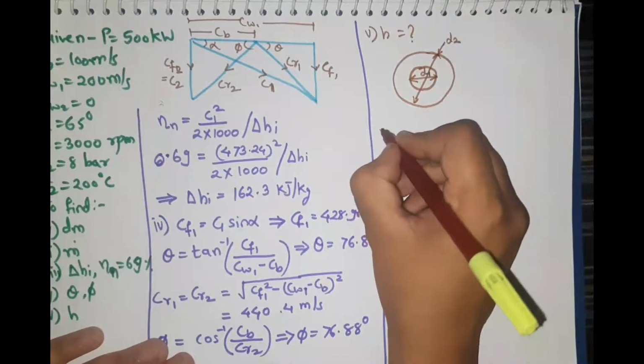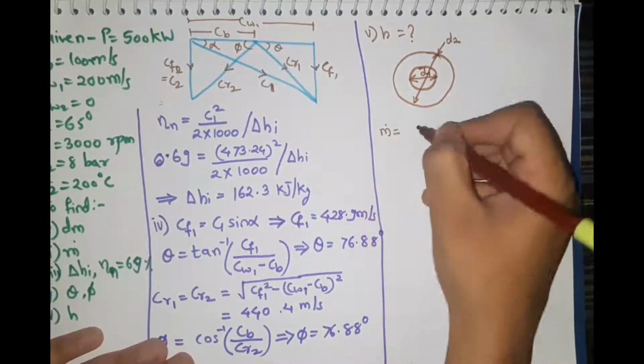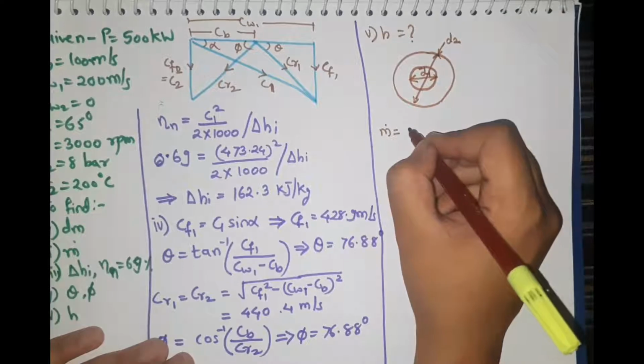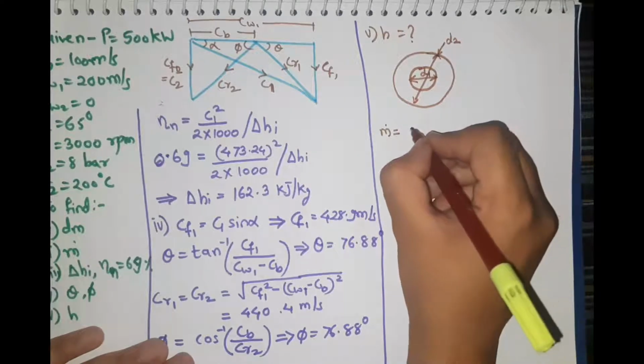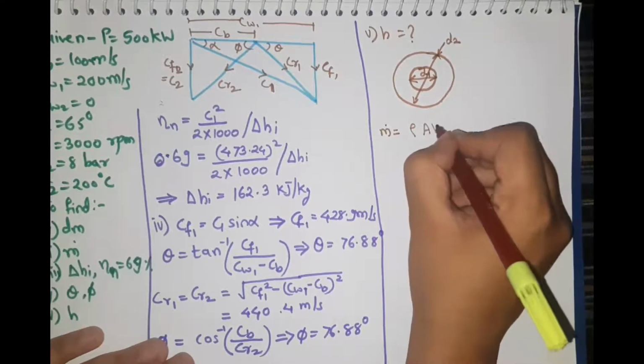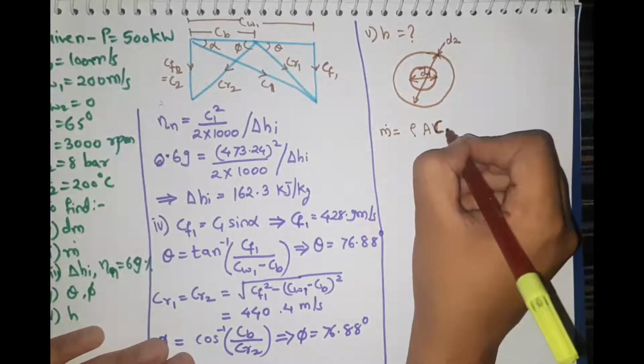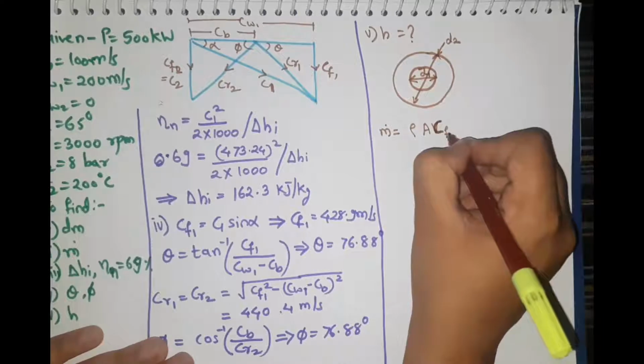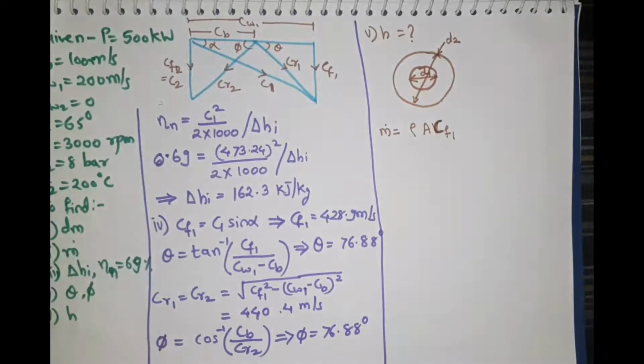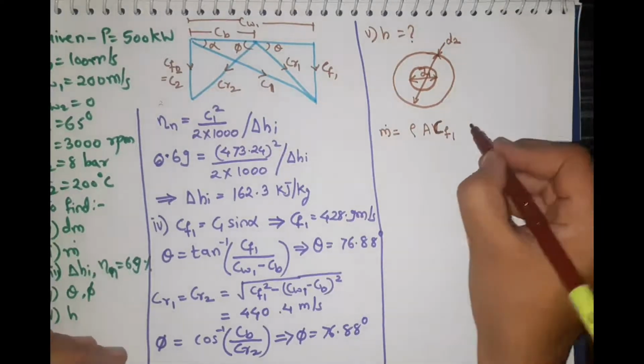For mass flow rate, we can write rho A into CF1. Here, as it is a steam, instead of rho we have to write the specific volume.